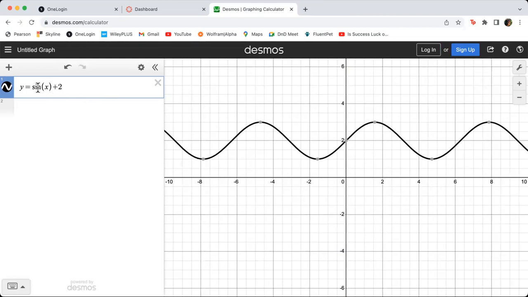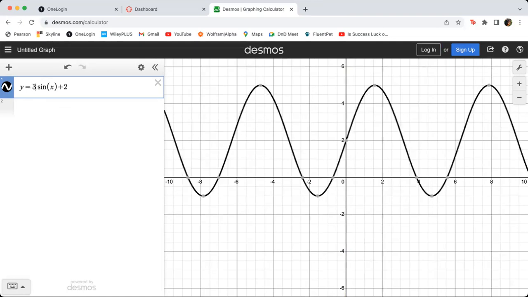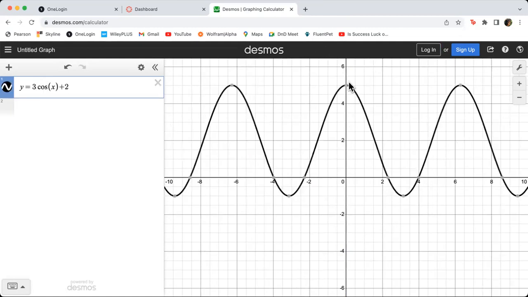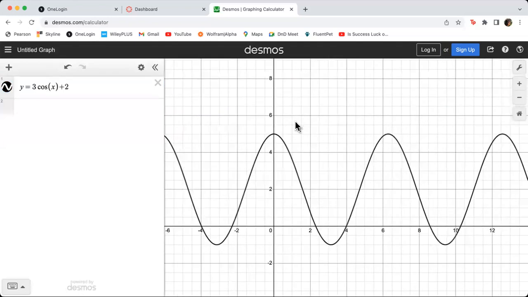So let's take a function, sine of x minus 2, and if I make the amplitude 3, the amplitude up and down, top is 3, bottom is -3. Actually, let's change to cosine. I want one that starts at the top. Here's the top, 3. Oh, I made it 5. Top is at 5.